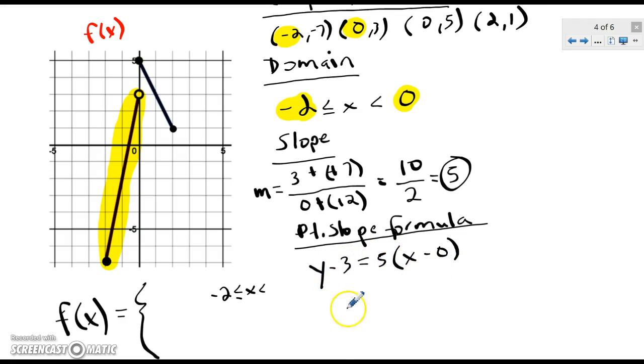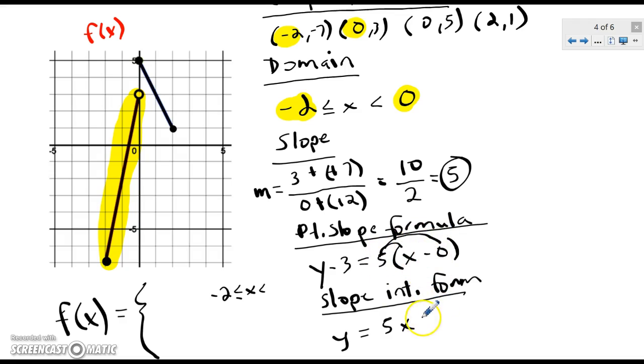And then we're just going to put this in slope-intercept form. That's how us mathematicians like to write our linear equations. So you're going to add the 3 over, y equals, and when you distribute the 5, you get 5 times x. 5 times 0 is just 0, and then remember we added this 3 over.